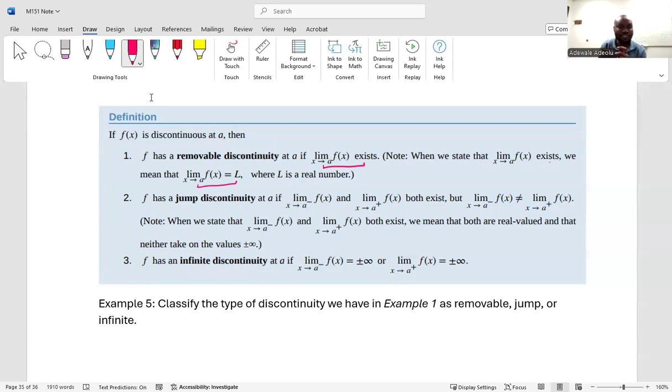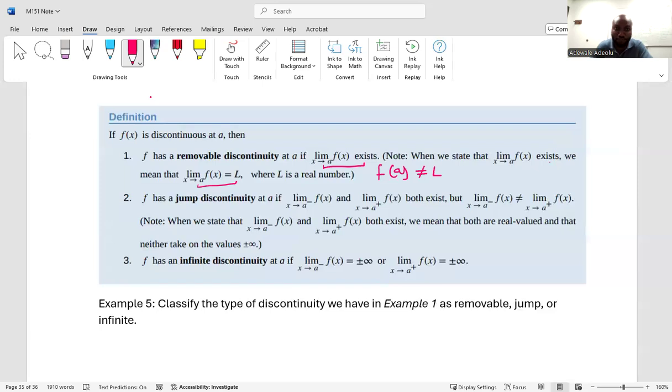But the problem now is that the limit exists, but the value of f of A is not the same as that L. I say it is not L. So we say it has been removed.